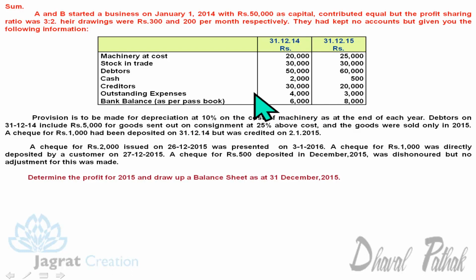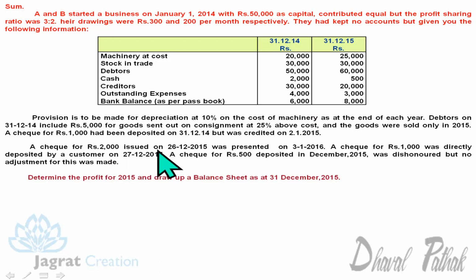I am given the balance as per passbook, 6,000. This balance is without the deposit of the check in the bank. So this bank balance of 6,000 will increase by the deposit of this 1,000. The balance as per passbook will be amended to the balance as per cash book, the accounting balance, and that will be considered while preparing the statement of affairs.